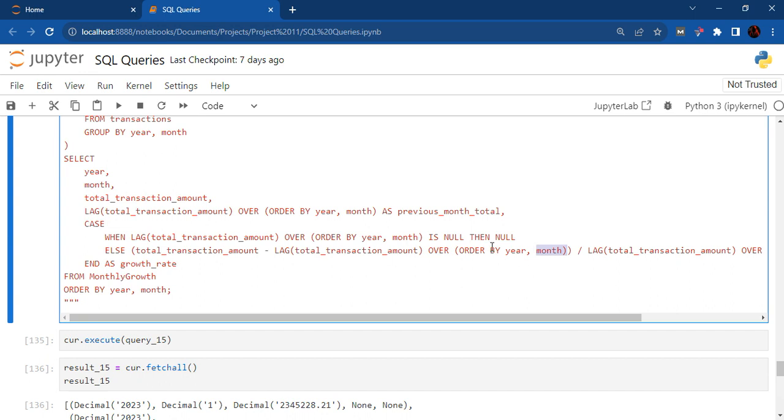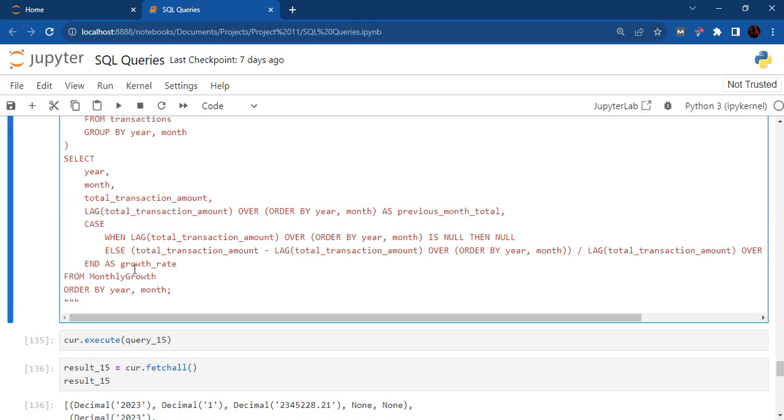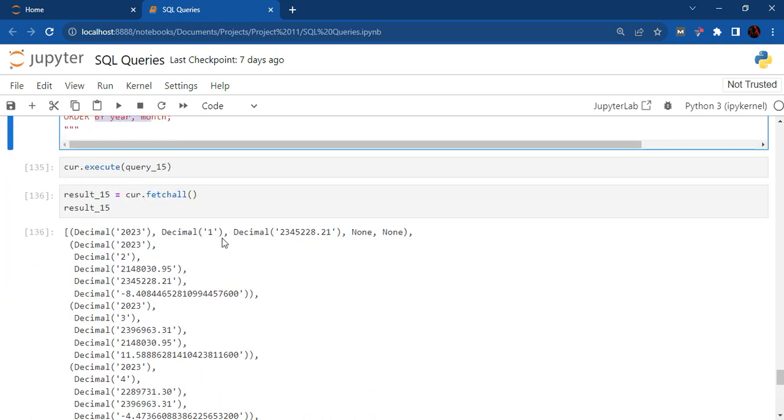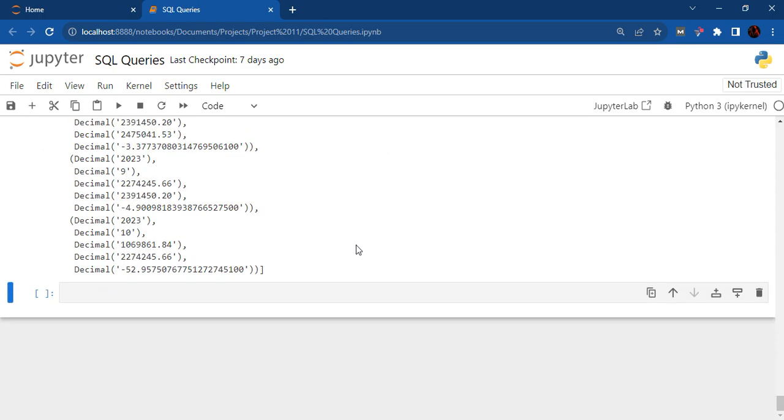So give me the previous month, year and month of that, divided by the same thing again, then times 100. So that is our formula, which is the growth rate from our monthly list, and we should order by the year and month. If we run that, these are the transactions that have been done previously before today.